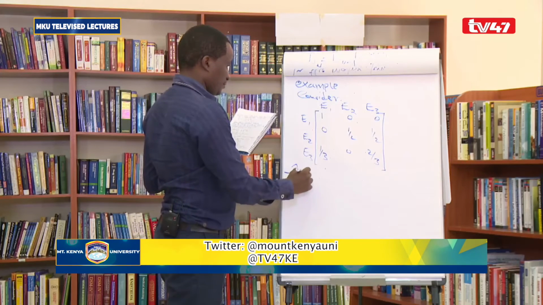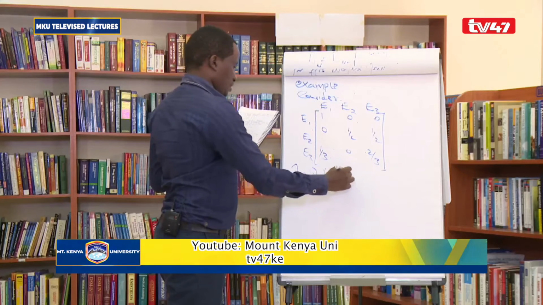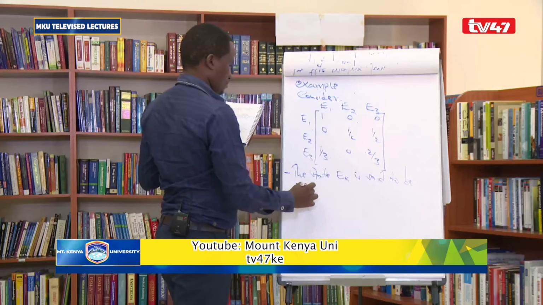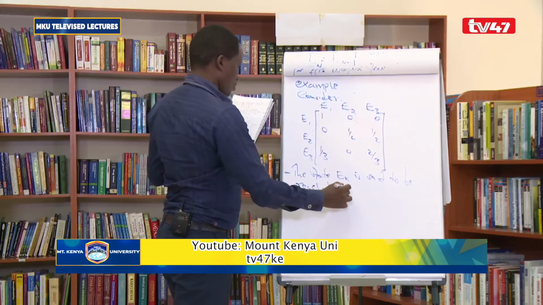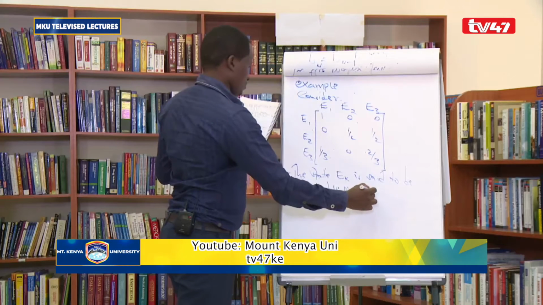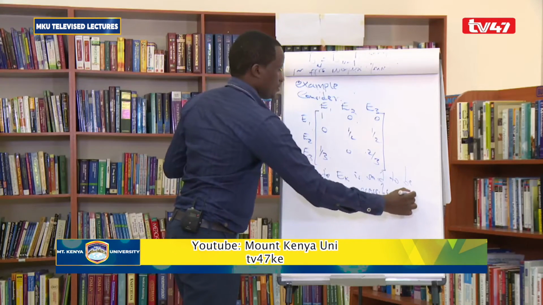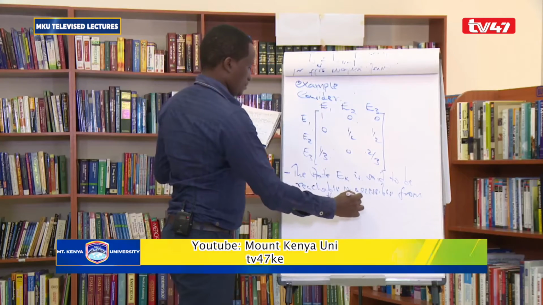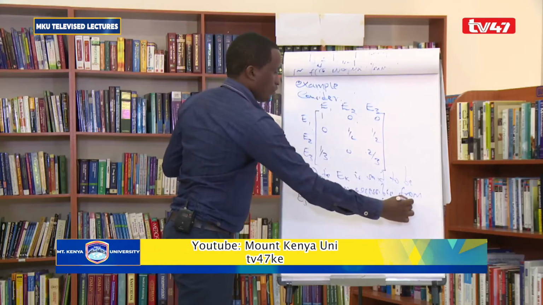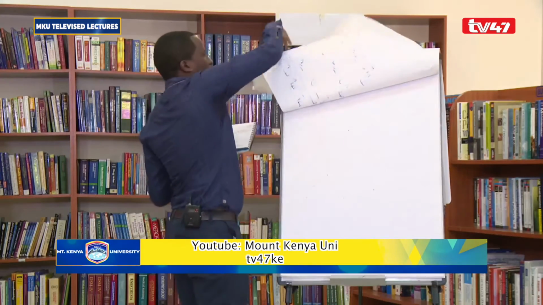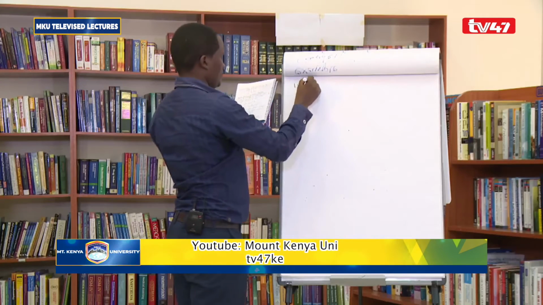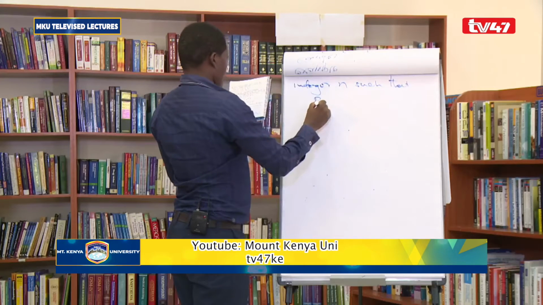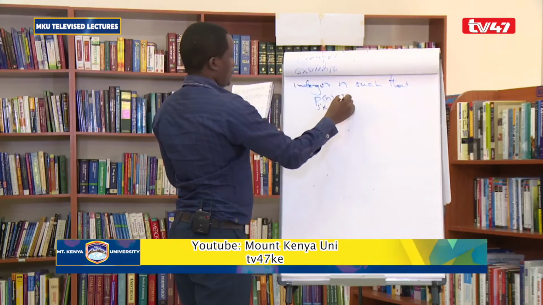Now the state k is said to be reachable or accessible from j if there exists some positive integer n such that p_jk^(n) is greater than 0.